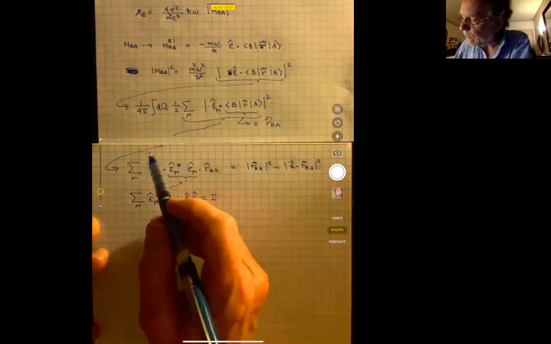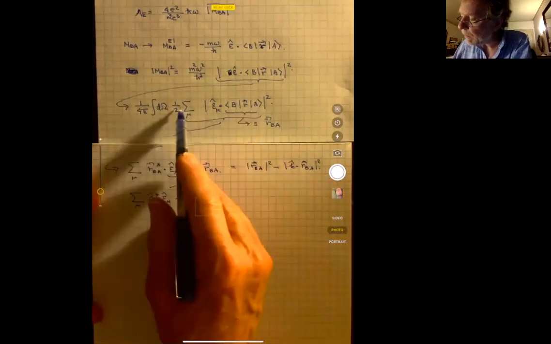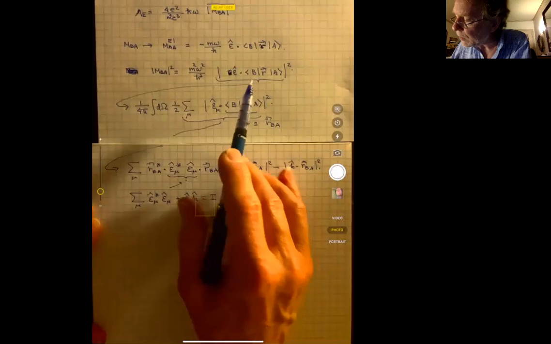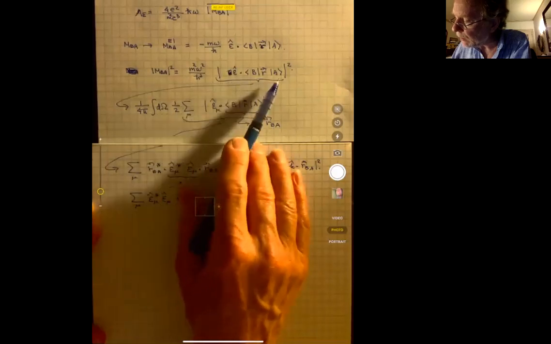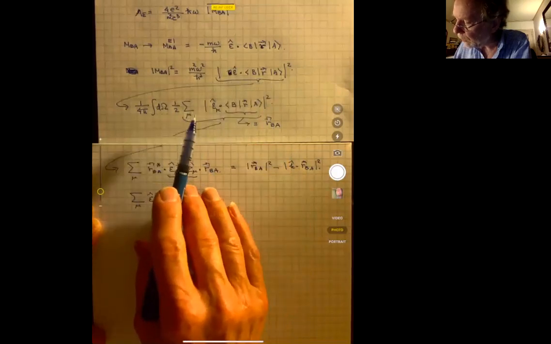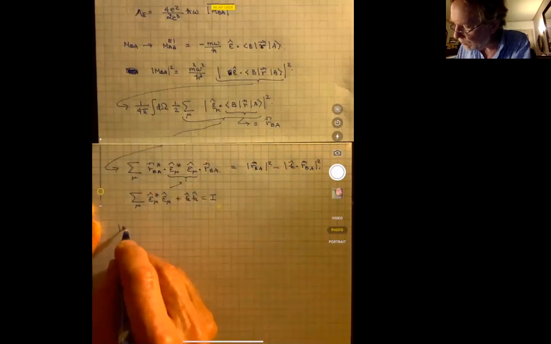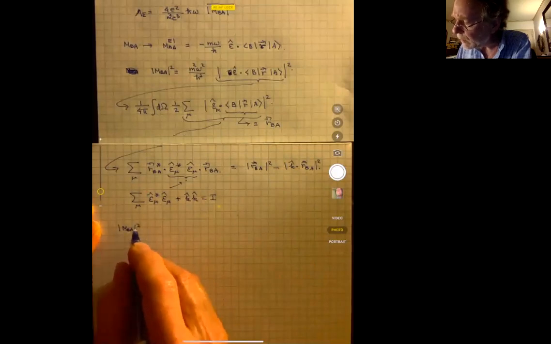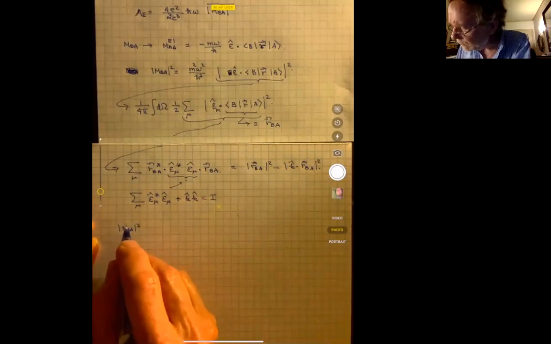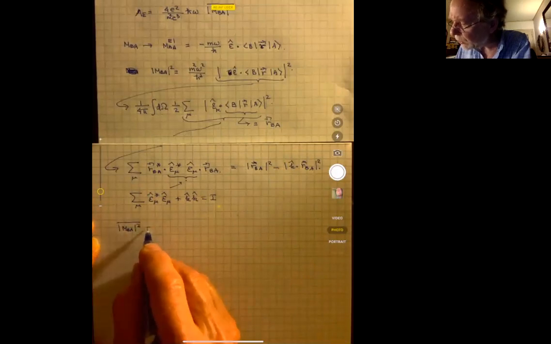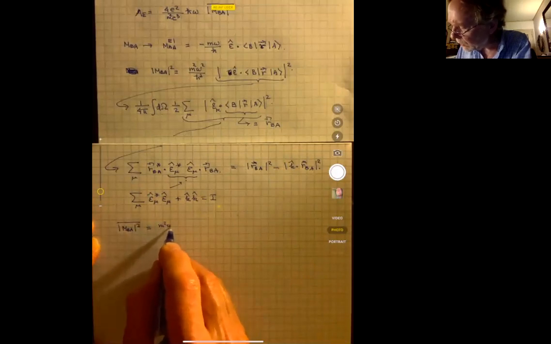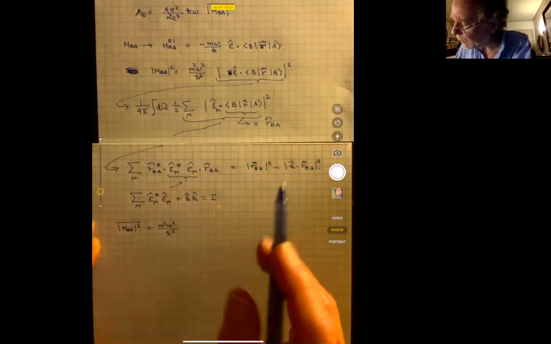And so this average over polarizations turns into this. So this means that MBA squared averaged is equal to m squared omega squared over h bar squared. That's copying this prefactor up here.